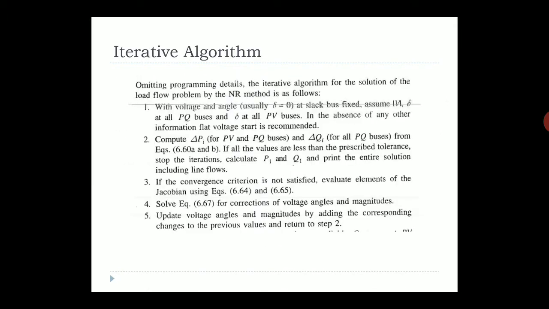Before that we'll talk about the algorithm. This is the particular algorithm with the voltage and the angle, where the delta is equal to 0 at the slack bus, fixed.